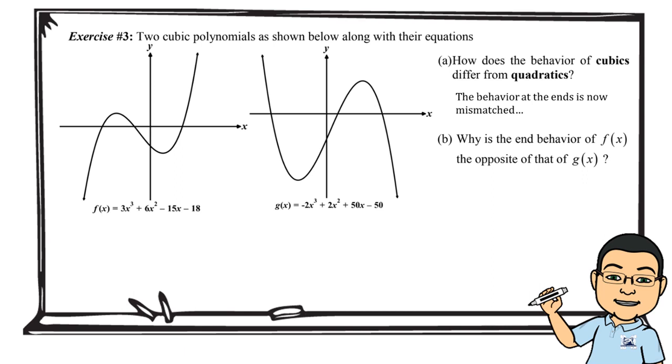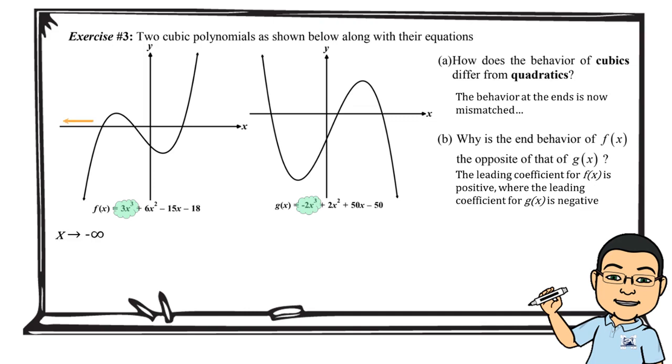One is heading negative, the other positive. Why do you suppose that f of x is looking one way and g of x appears the opposite? If we consider the leading coefficients, the leading coefficient for f of x is positive, whereas the leading coefficient for g of x is negative. This is causing our graphs to behave the way they behave.